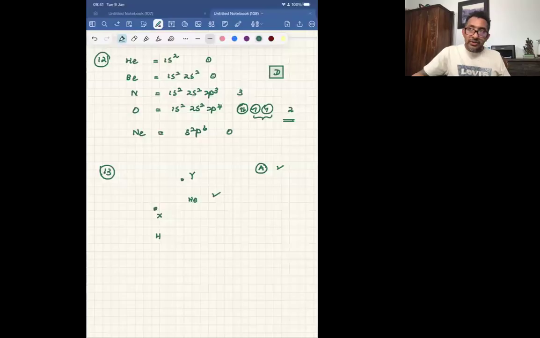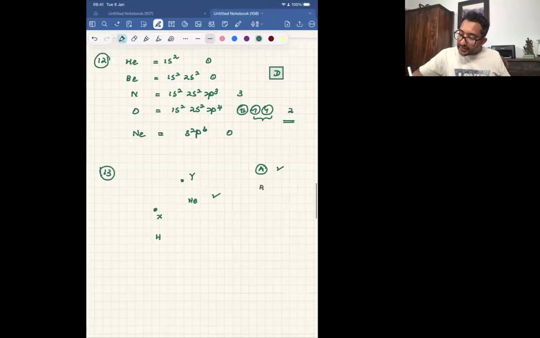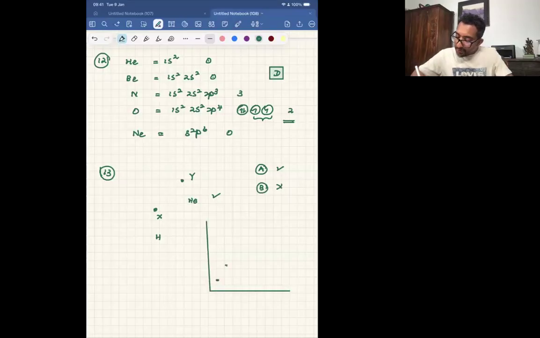1s2, 2s2, beryllium, and boron. Between beryllium and boron there is a drop, so it cannot be that. Remember how the thing works: up, down, up, up, down, up, up.